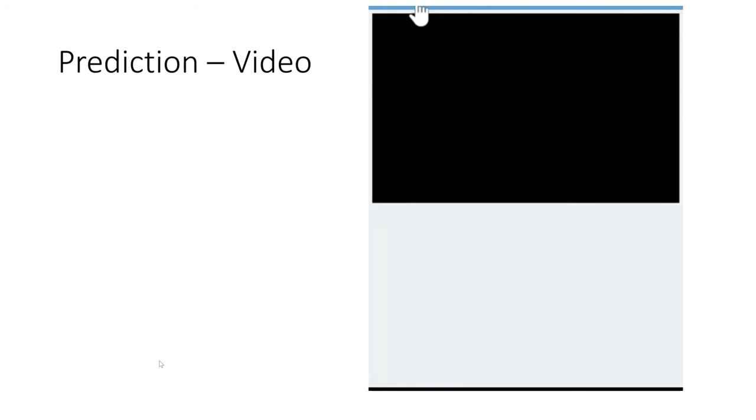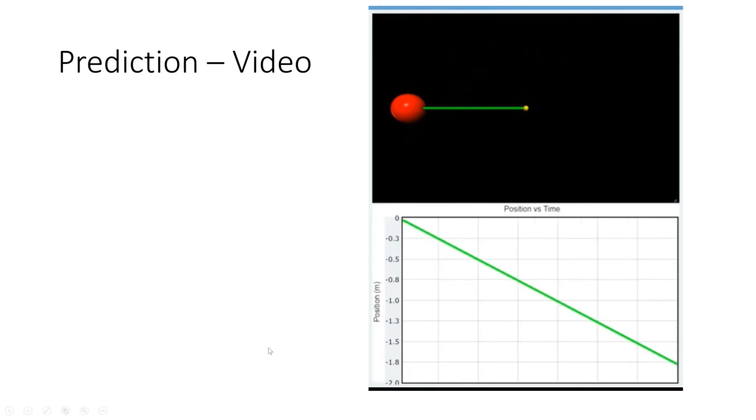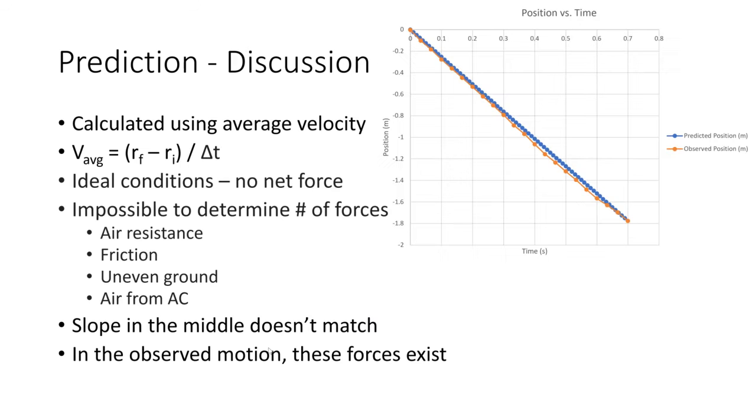I also plotted and made a model of the ideal motion of the ball with no net forces acting on it. And this is that video. As you can see by this graph to the right, the blue line, the predicted position, matches almost exactly with the orange line, the observed position.